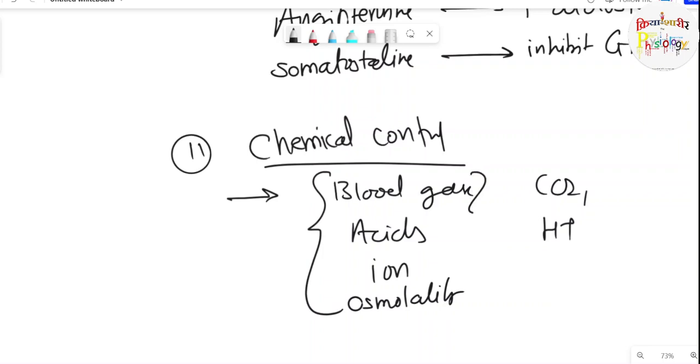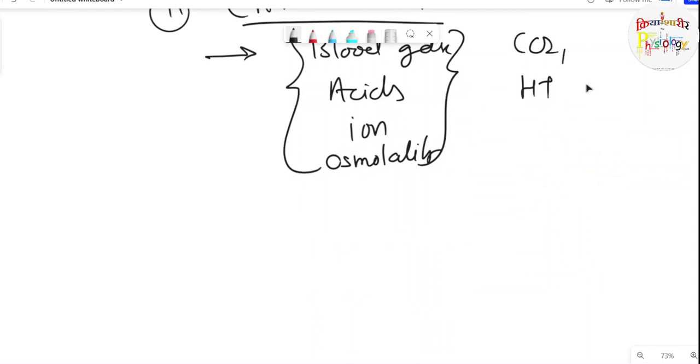These factors could lead to chemical changes in body fluid or in blood. So these changes can lead to secretion or inhibition of hormone.